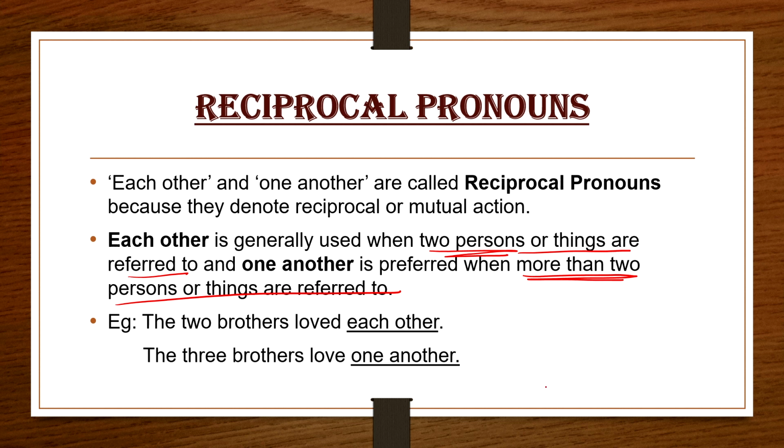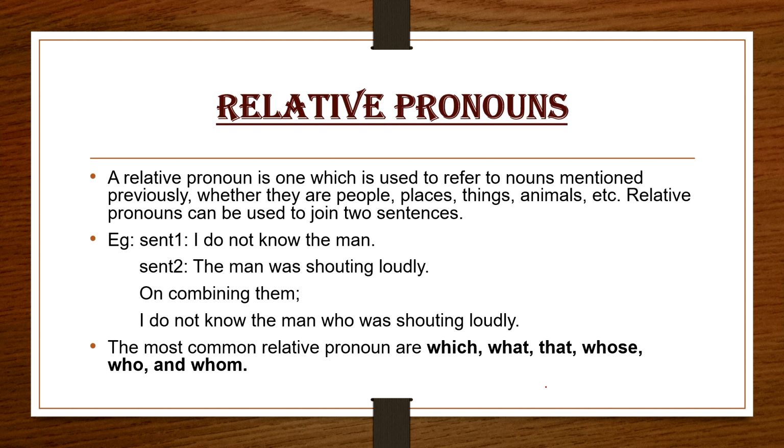Fine. Moving on, relative pronouns. Now, a relative pronoun is one which is used to refer to nouns mentioned previously, whether they are people, places, things, animals, etc. Relative pronouns can be used to join two sentences. So, let us take an example.